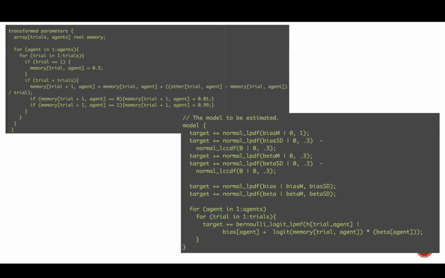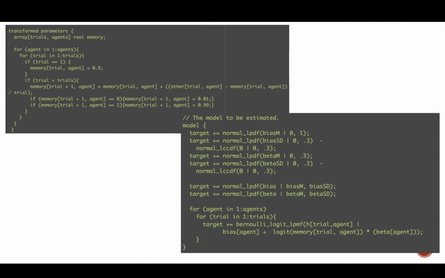Memory. We loop through agents. We loop through trials. If the trial is the first, then the memory is 0.5, right? It has no idea which direction the bias is.